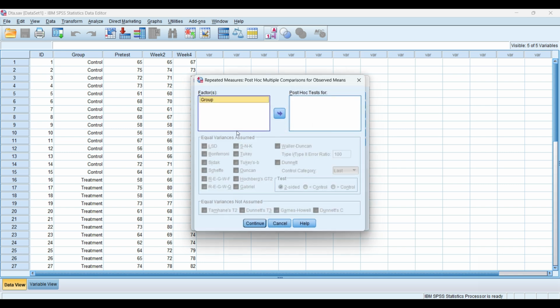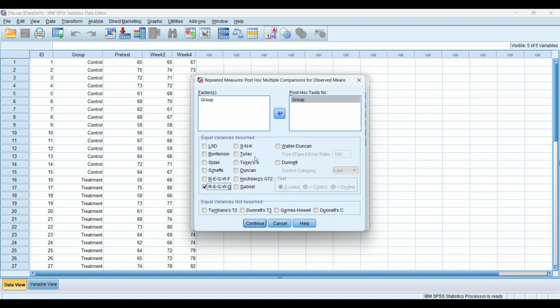Post hoc test. Okay, so for post hoc, we will define the post hoc test for group, and we choose the REGWQ post hoc test, because we can only apply this test in case of 2 categories, like control and treatment, so we used it. Other tests need 3 or more groups, so we have only 2 groups, so we applied REGWQ.